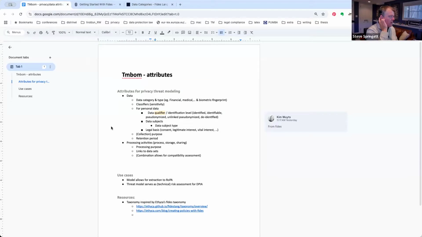You don't necessarily have to make us editors, but at least the ability to comment would be good. And it's up to you, but within Google Docs you also have the option that anyone with the link can have no access, or just view it, or comment on it, or whatever you want. Okay, that would be good.